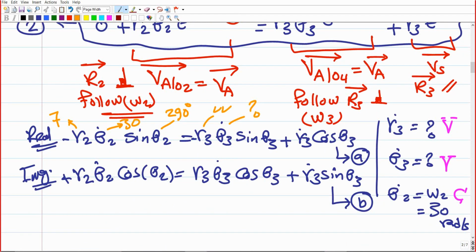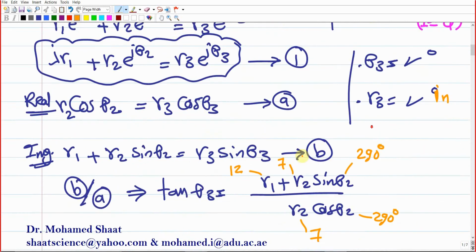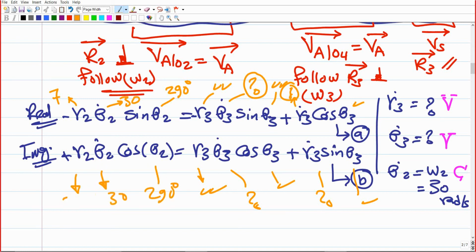Theta 3 dot, which should be omega 3, is one of the unknowns. So this one is the second unknown, and this is the second unknown. We do have everything else in this equation: this one is unknown, this one is unknown, this theta is 290, this one is positive 30, and this is 7.